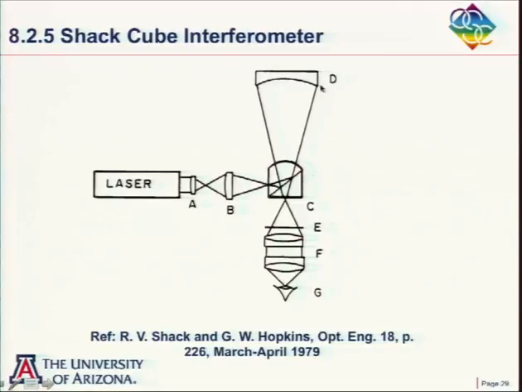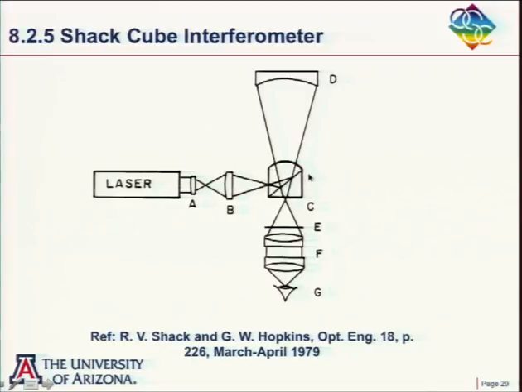So we put a mirror out here, where the center of curvature is back where this light was focused, on this surface, which is also the last surface of the cube. And we're very clever when we put this lens on here.